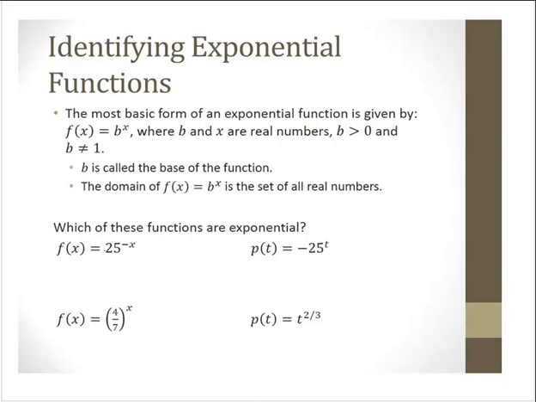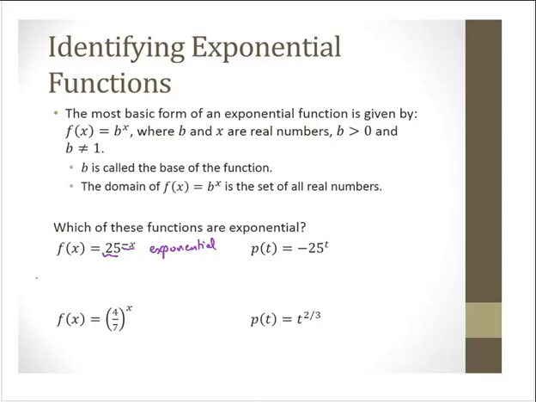Alright, f of x is equal to 25 to the negative x. Well, it appears that we have a base raised to a variable power. 25 to the negative x, this is exponential. And if we wanted to, we could use properties of exponents to rewrite this.